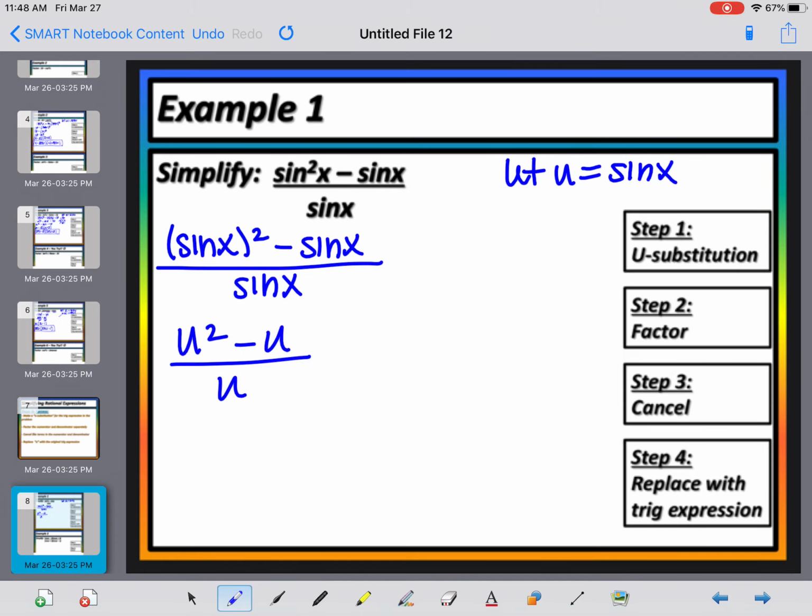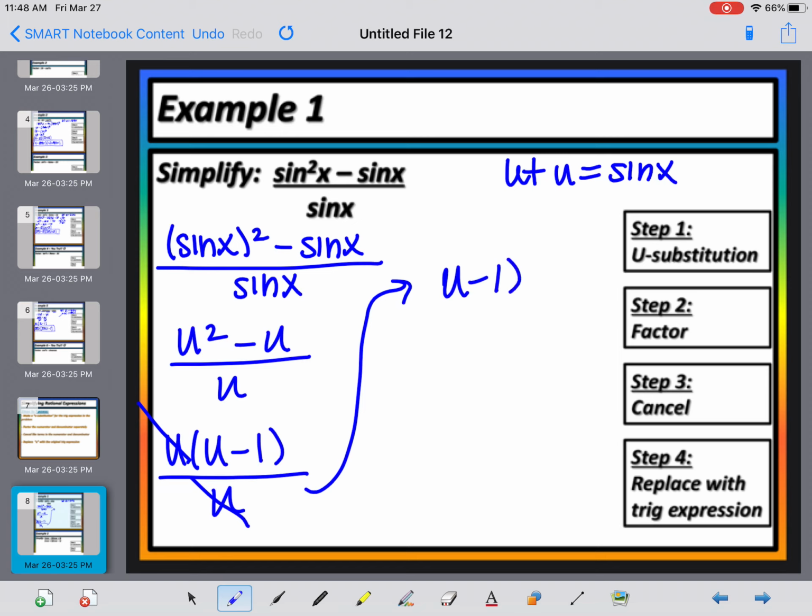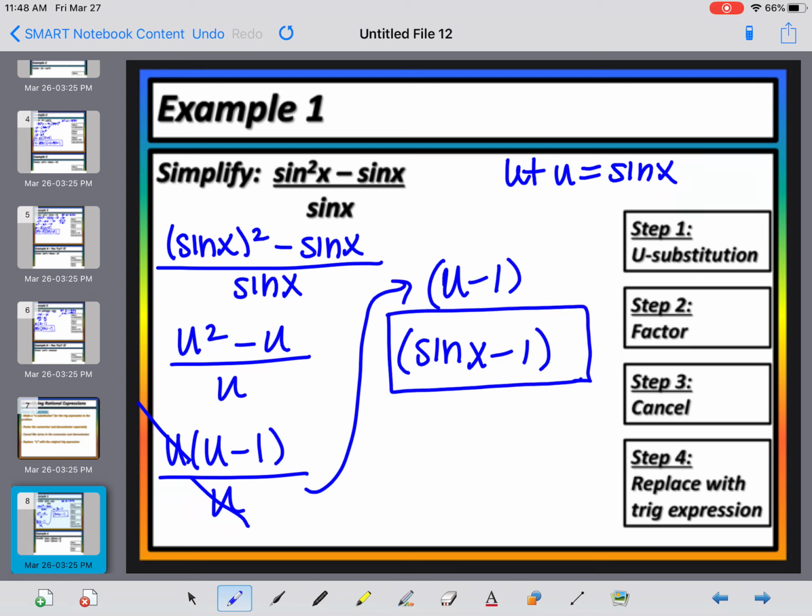So u squared minus u over u. Remember, you have to factor before you can cancel. So in the numerator, I'm going to take out a GCF. Now I can cancel the u on the top and the u on the bottom. So we're left with u minus 1, which is really sine of x minus 1.